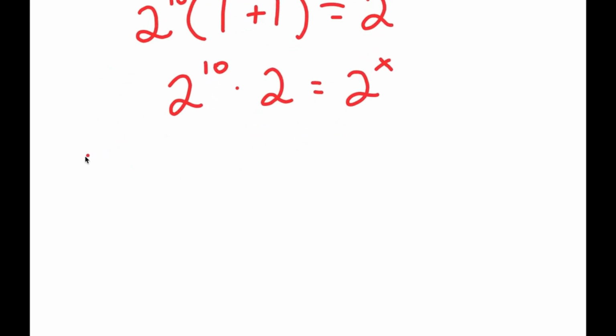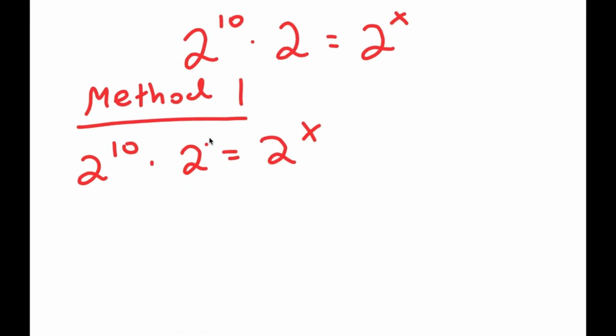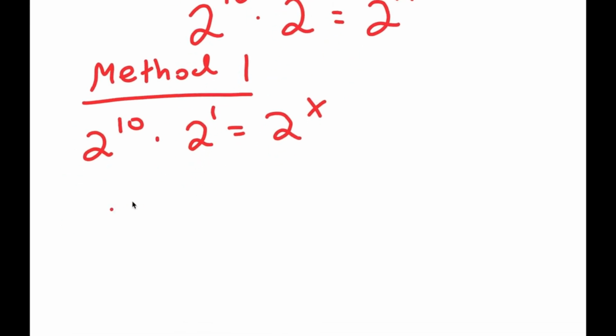from here in two methods. So for method 1, I have 2 to the power of 10 times 2 is equal to 2 to the power of x. What I'm going to do is rewrite 2 as 2 to the power of 1. And now if I have something in the form a to the power of m times a to the power of n, this is equal to a to the power of m plus n.